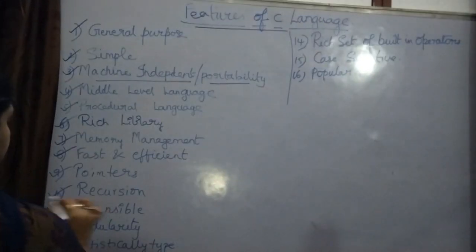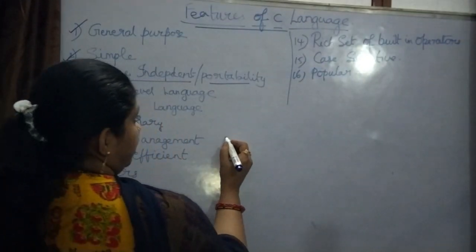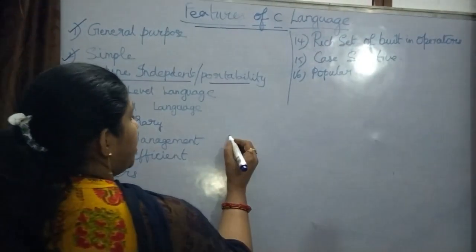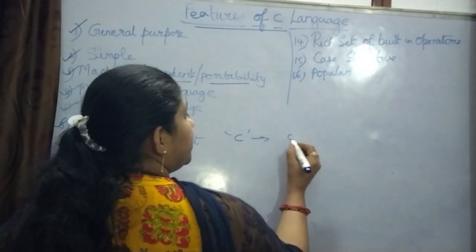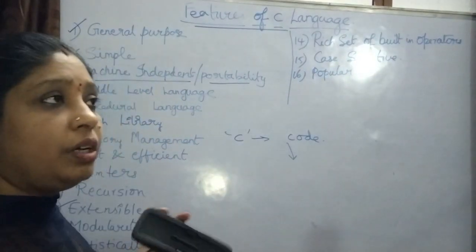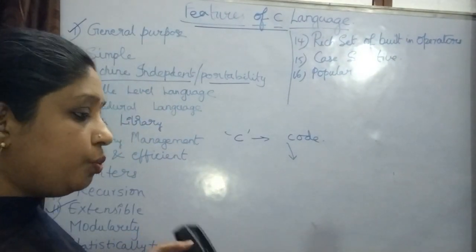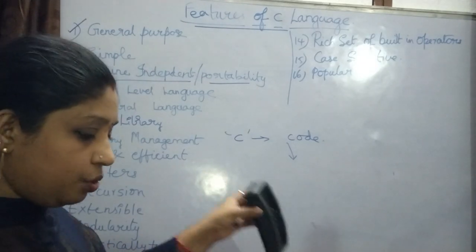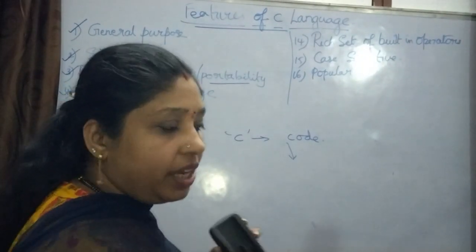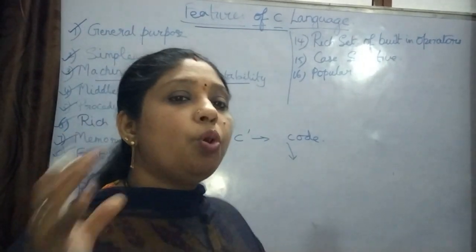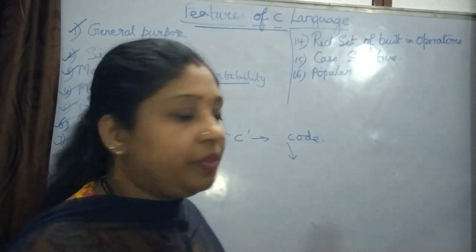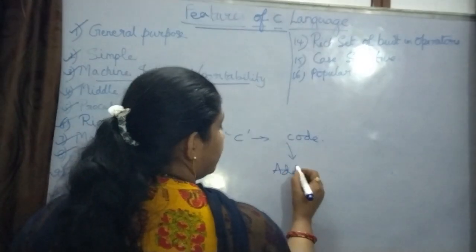Now extensible. What is extensible? C has an extensible feature also. Suppose you have written a C program with some code. After writing the program, you compile it, and after that you run it. During runtime, suppose you get an idea of writing a little more, extra code for the program. At that moment you can enter into the program and add extra code.